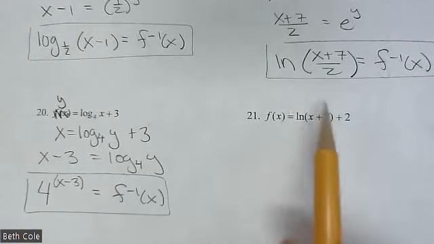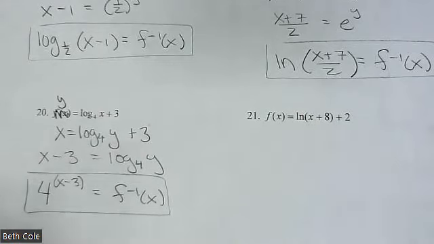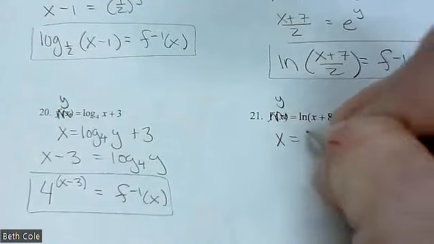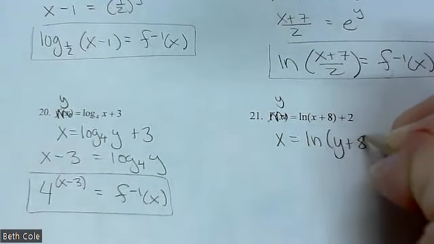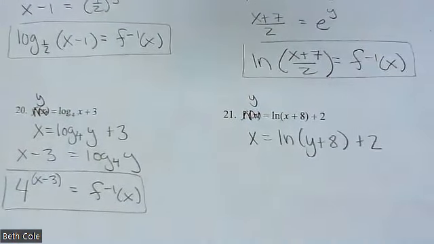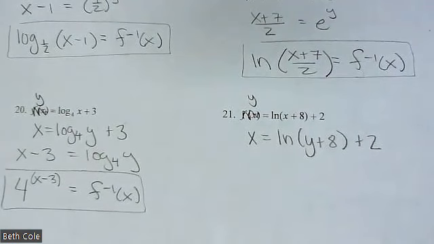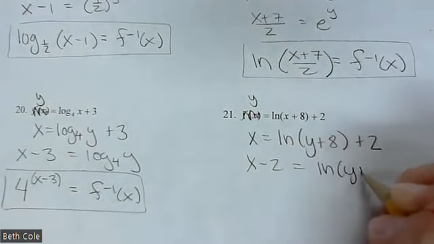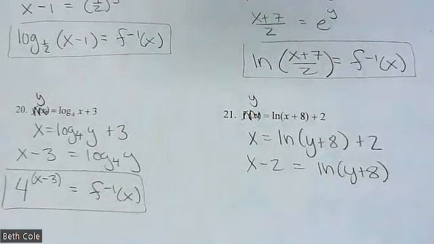What is this one going to have in the answer? It's going to have e in the answer. All right. Scribble out f of x, call it y. We're going to switch x and y. And you're not stuck yet. What can you do? Subtract 2. Then you're stuck. So what's the base?